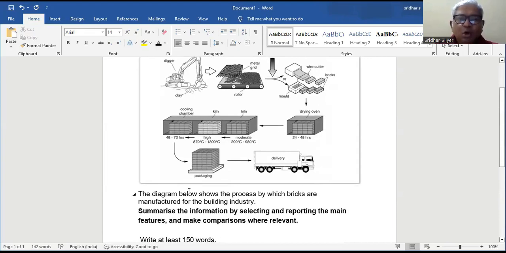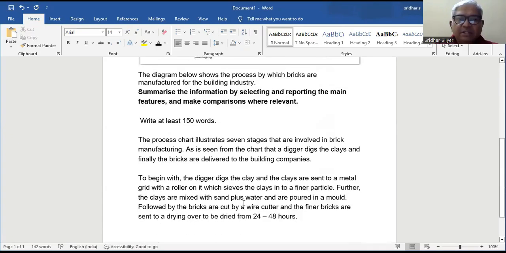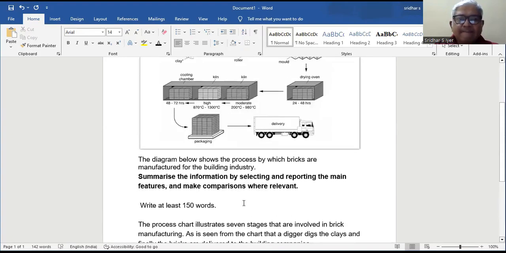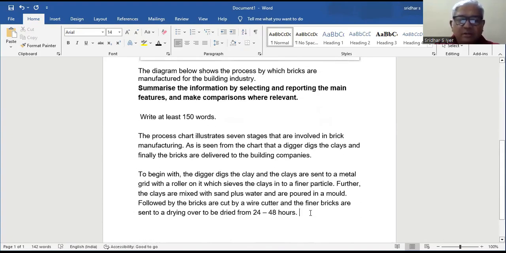Then what? It is moderately heated with a high temperature. Okay, then what?